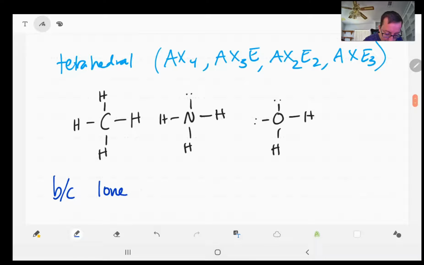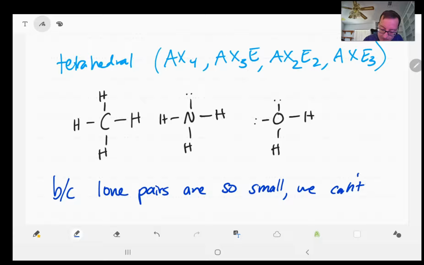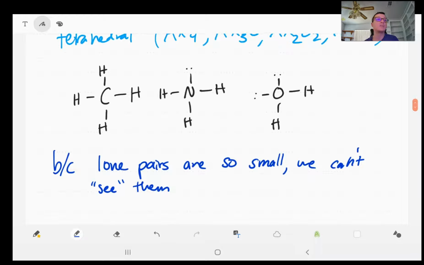Because lone pairs are so small, we can't really see them. We have a hard enough time seeing atoms as it is, but there's no way for us to see electrons. Because remember that atoms are 10 to the 15 times as big as electrons are. So huge, huge difference in size.